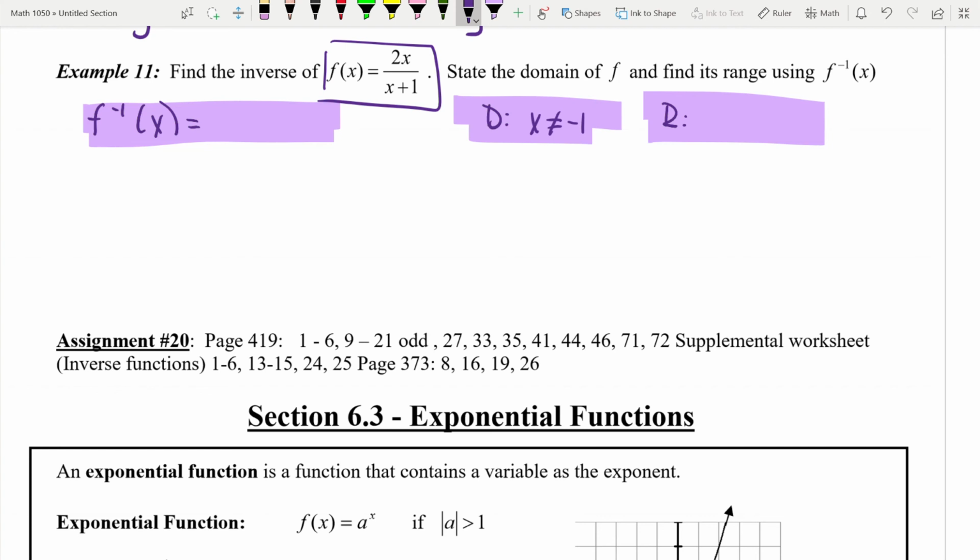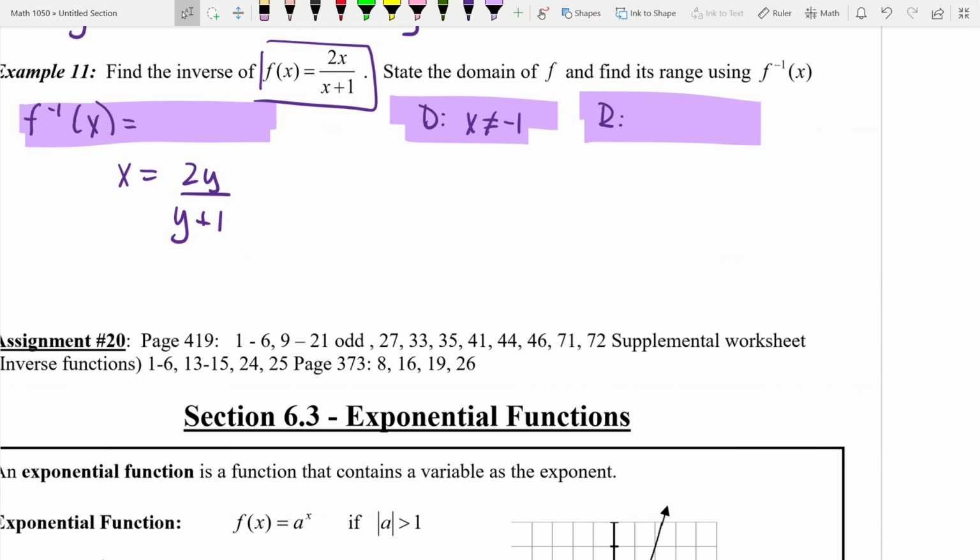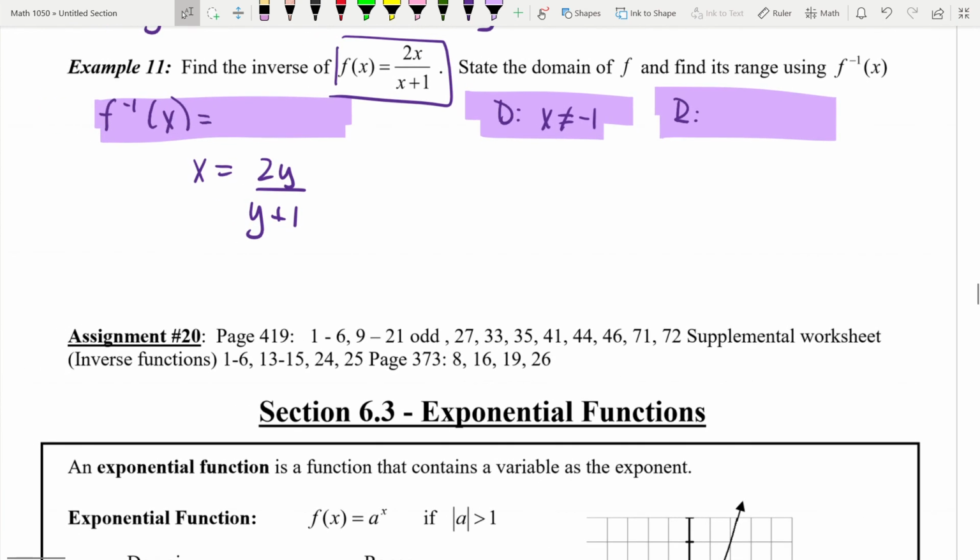I'm going to go for the inverse because I feel like that range is going to be kind of tricky. Okay, so this is y equals. So now I'm going to make it x equals. All the x's on the right now become y's. You should look at that and immediately say, this is what I'm going to do to solve this thing. It needs to be instantaneous, just like riding a bike.